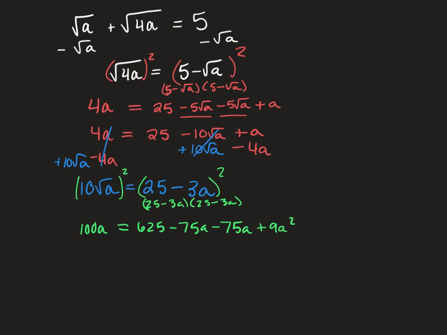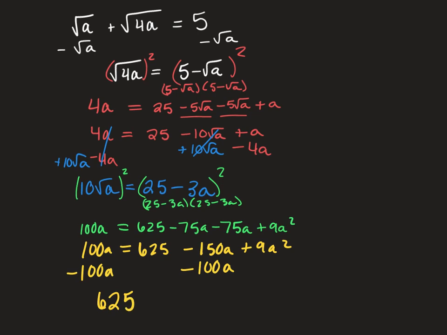So that's 625 minus 150a. So then I'm going to subtract my 100a over. So then that gives us 625. All right, I'm going to kind of write it in the other order.